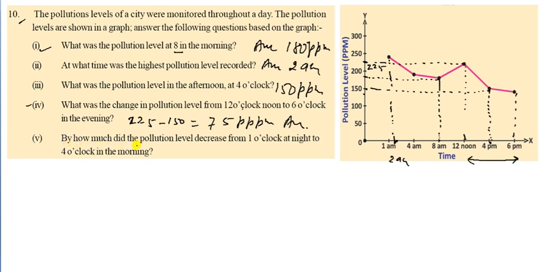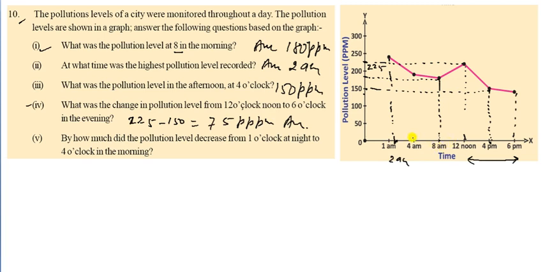Now by how much did the pollution level decrease from 1 o'clock at night to 4 o'clock? 1 o'clock in the morning. So 1 o'clock is this one. So you can see here, it is 250, and 1 o'clock to 4 o'clock.